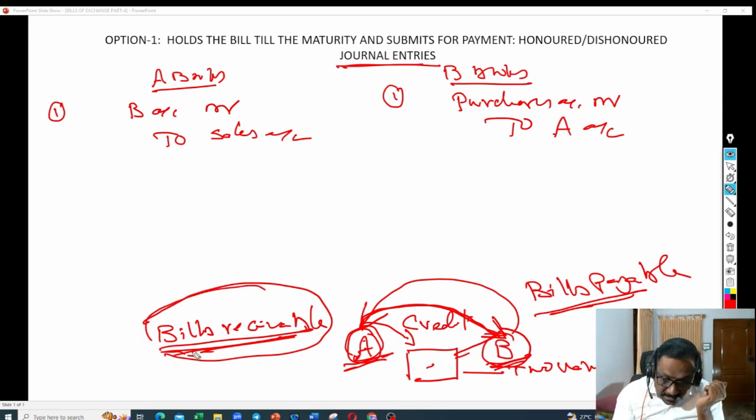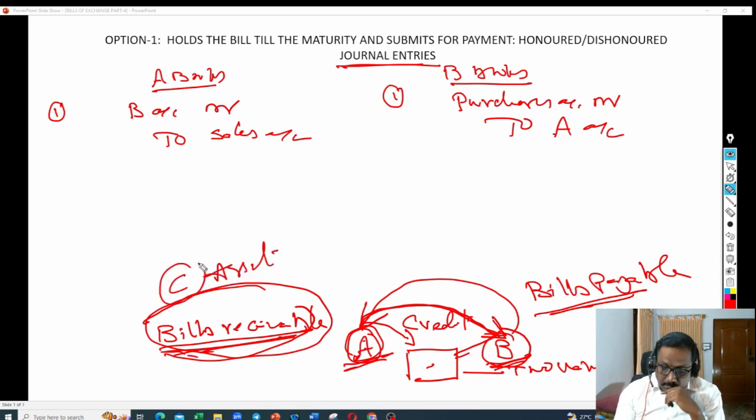Bills receivable is a current asset for A, whereas B treats this as a current liability. For B this is the liability; for A this is an asset. What type of asset? Current asset. What type of liability? Current liability. Very, very important. Please remember this.